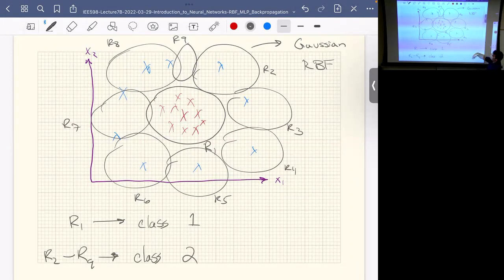And so points come into here, and if they're in the center, they'll only excite R1. And if they're in the outside, they'll excite any of R2 through R9. And so this allows me to cover the space in an arbitrary way.